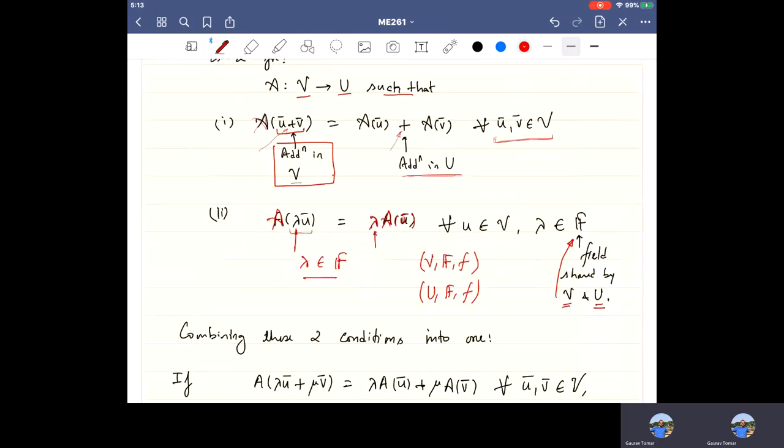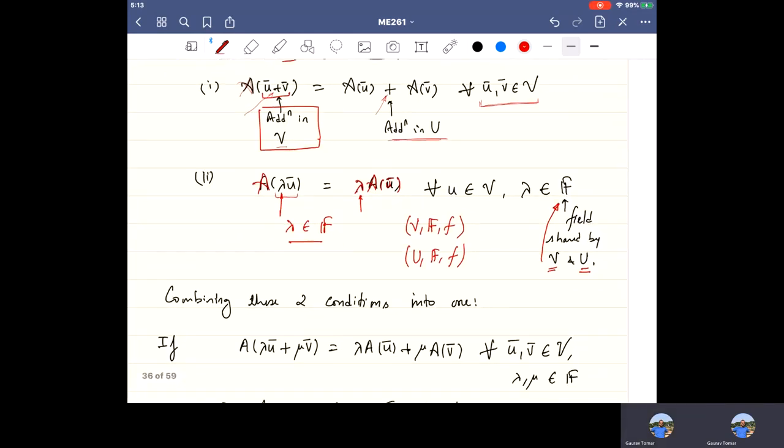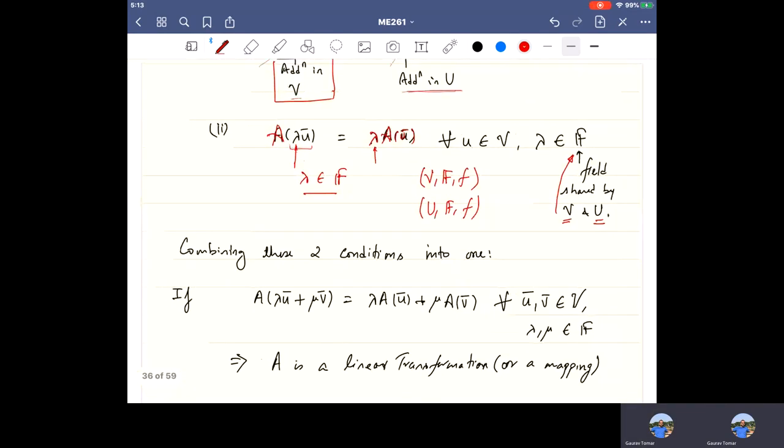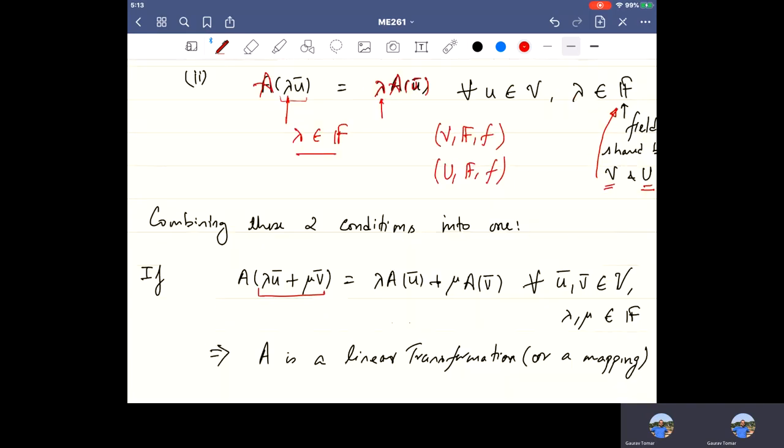Right? So now if you combine these two conditions together, you can write it as one condition that you have to look for when you're checking for linear transformation. And that condition is given by: if you scale and add two vectors in this form, lambda times u plus mu times v, then this is the same as mapping and then scaling.